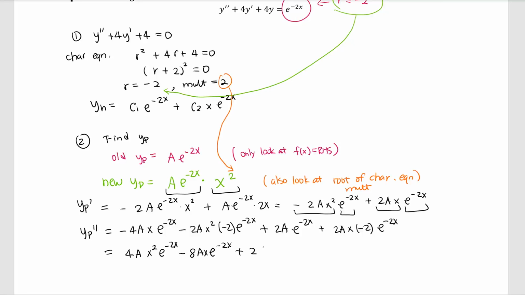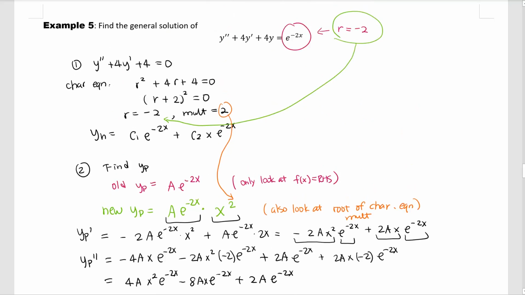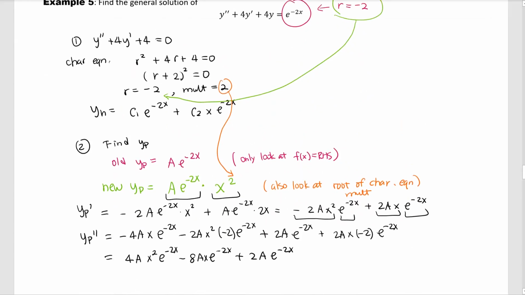And then we have the 2a e to the negative 2x. Okay, so let's see. We plug in y prime prime plus 4y prime plus 4y.